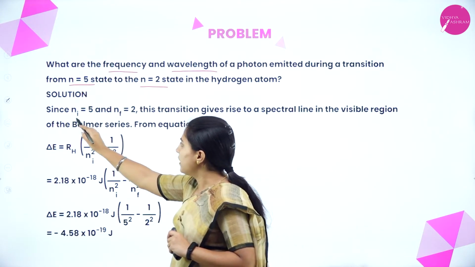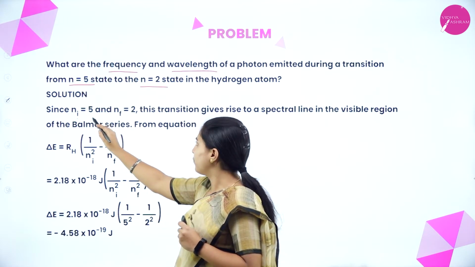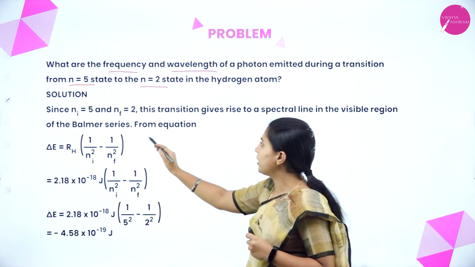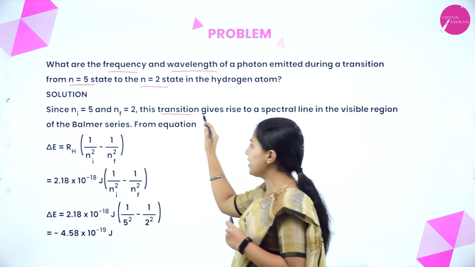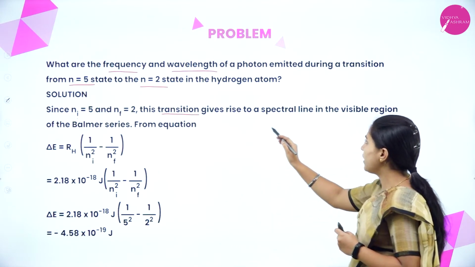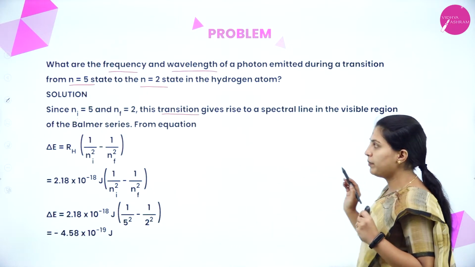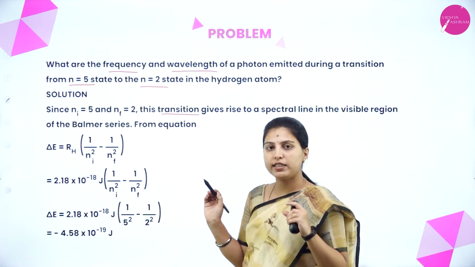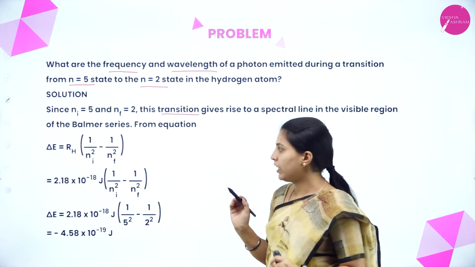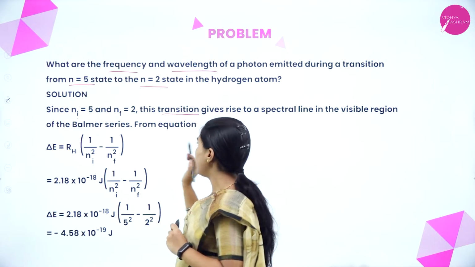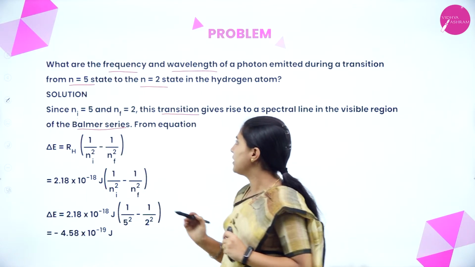Solution: Ni is the initial level, that is 5, and Nf is the final level, that is 2. This transition gives rise to a spectral line in the visible region of the Balmer series.